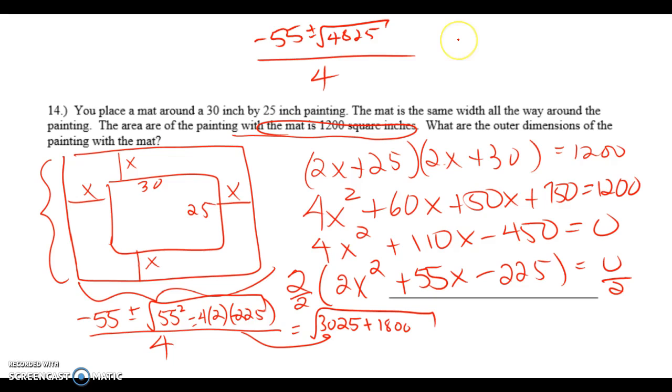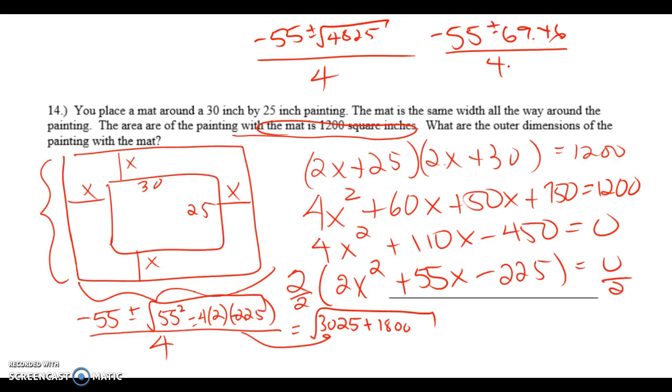Okay, so let's take the square root of that. The square root of 4825 is about 69.46. We're going to say negative 55 plus or minus 69.46 all over 4.